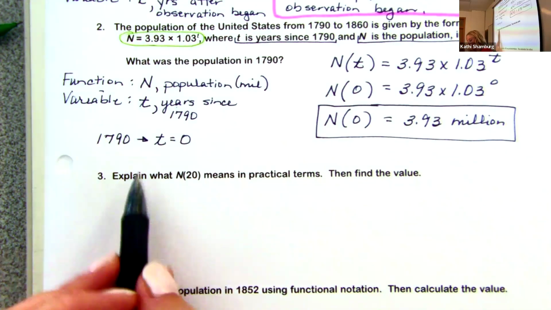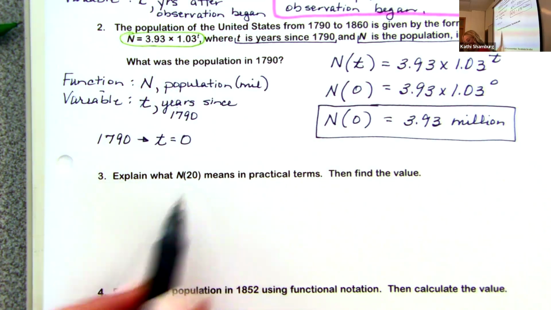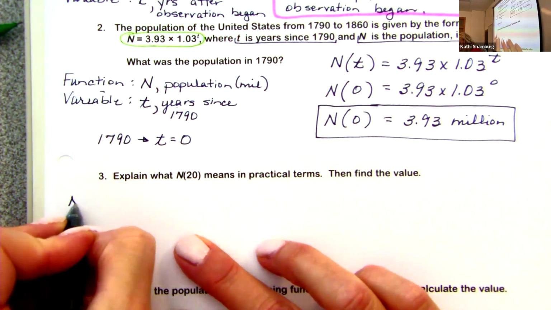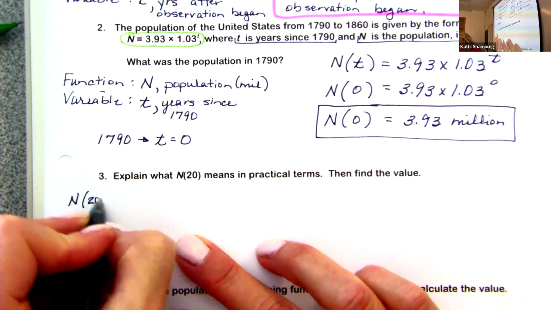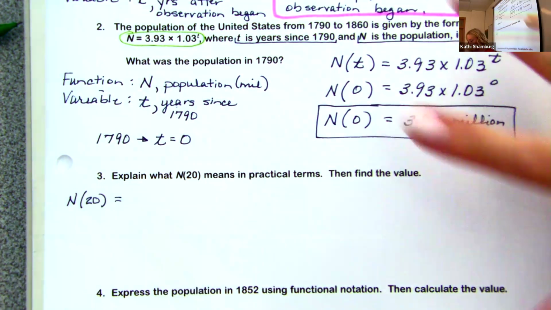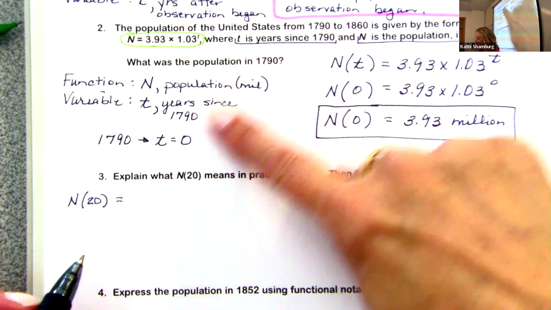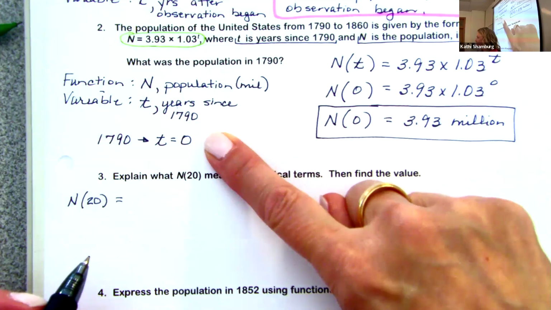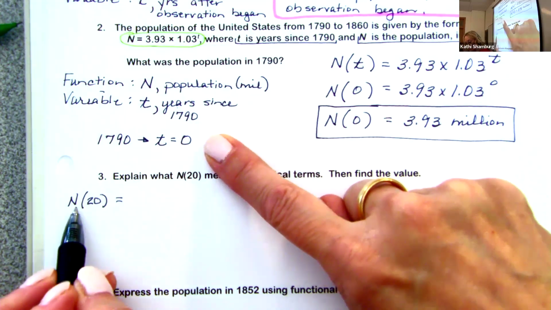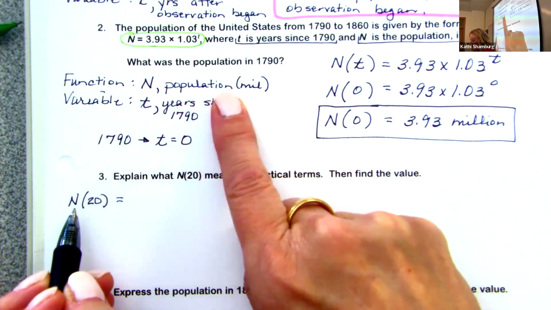We know we're going to write a sentence, and it wants us to explain this. So N of 20. Sorry, my voice is giving me troubles today. This is where taking the time to do this is so beneficial, because I see this N and come up here and go, oh, that's the population in millions.